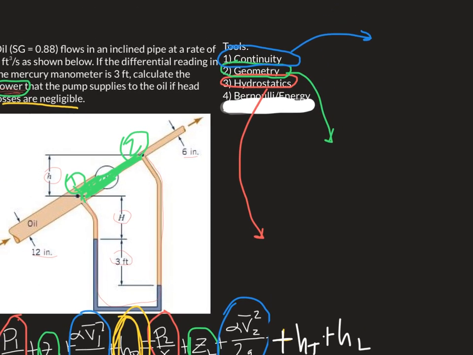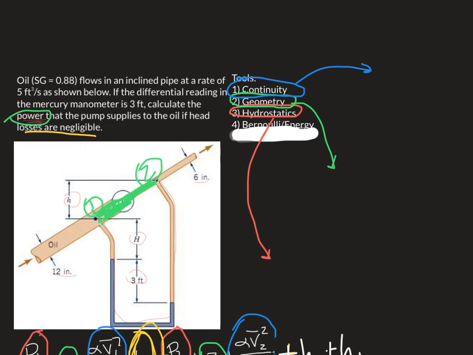I guess we'll do continuity first, from V1 to V2. There are two ways to do this, and I'm going to show you the way that I prefer. What a lot of people do is say Q equals V1 A1. That's totally fine because we know Q, which was 5 cubic feet per second.